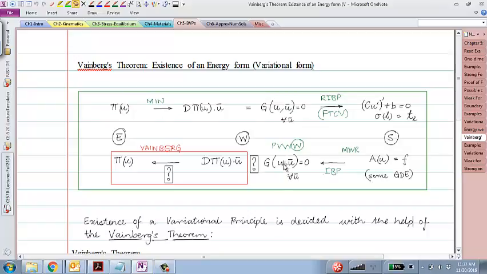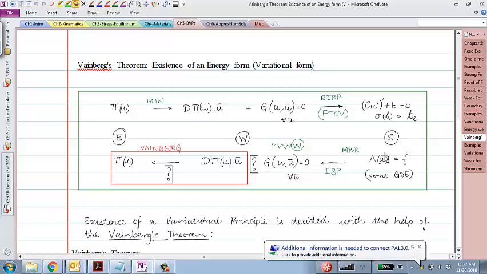Later on in chapter 6, we'll see that this virtual work functional is the one that we will approximate, where we will plug in some approximation for the real displacement and for the virtual displacement, and then we will get an approximate numerical solution for these types of problems.